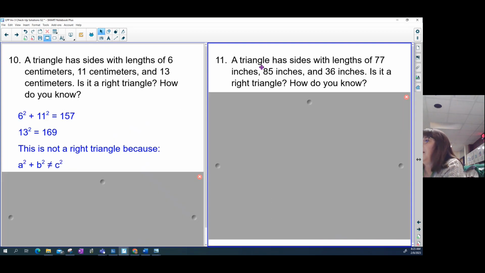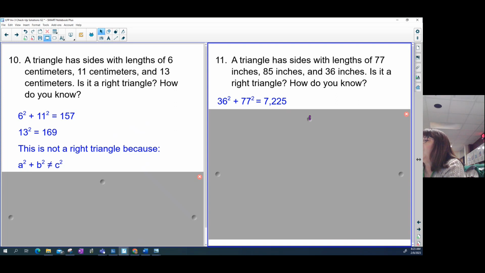Number 11, same sort of problem. A triangle has sides with lengths of 77 inches, 85 inches, and 36 inches. Is it a right triangle, and how do you know? Again, these aren't written in order this time, but you have to know the biggest side is your hypotenuse. So that's going to be the one that is on the right side of the equation by itself.